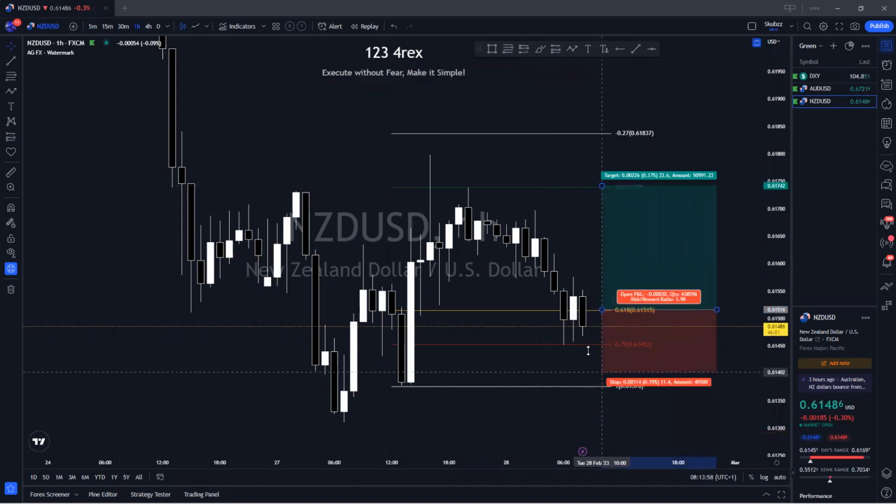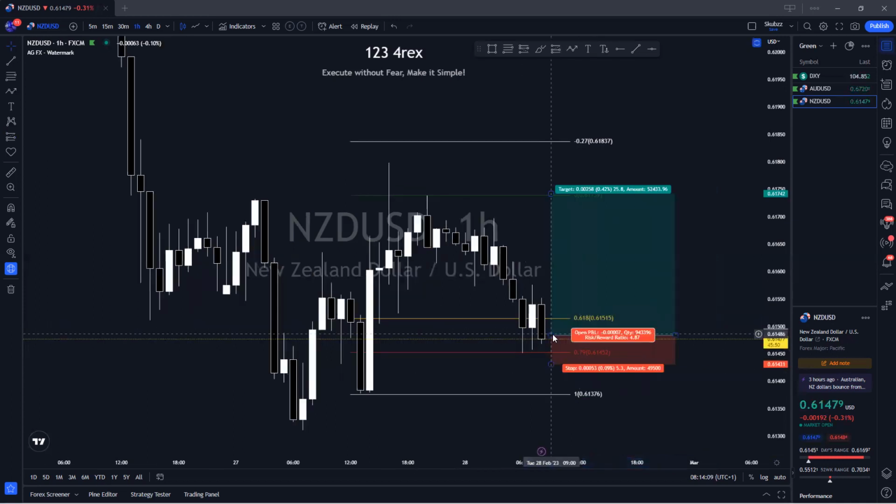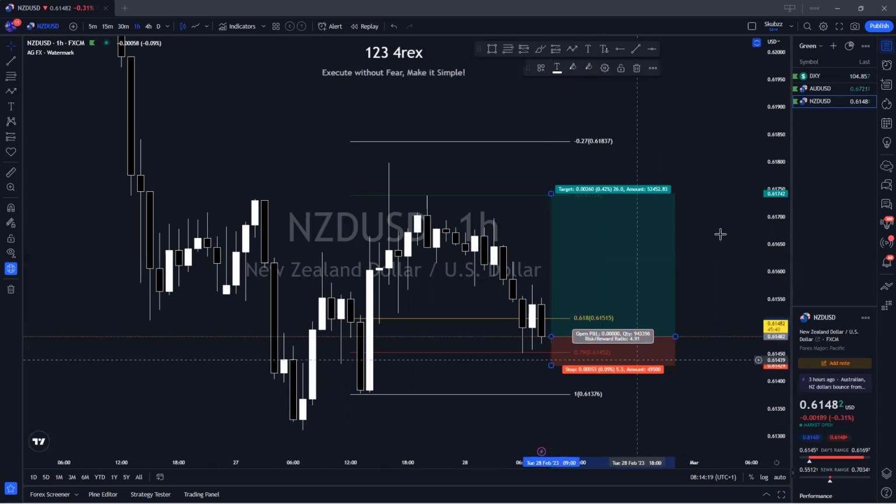let me make my stop loss like this. How many pips is this stop loss? This is like 4.3 pips stop loss. So let me make it like this. So it's something like this. I'll just drop my stop loss at that 0.79 level. Yeah, 5.3 pips.